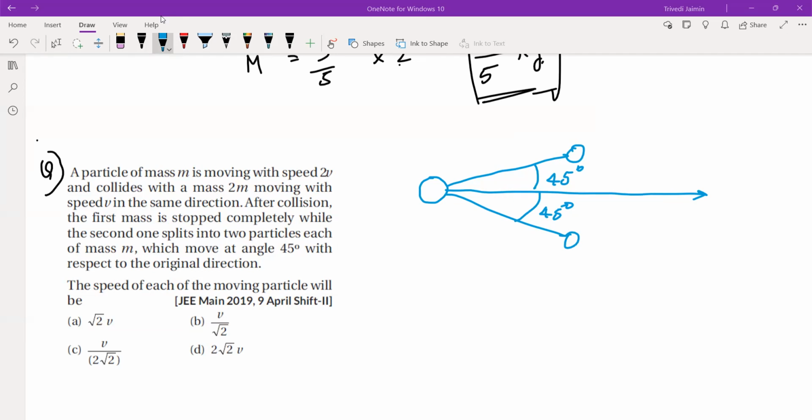So speed at this one. For this one, v finally is 0. And still it is moving.